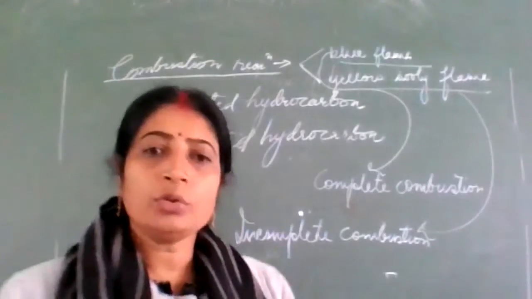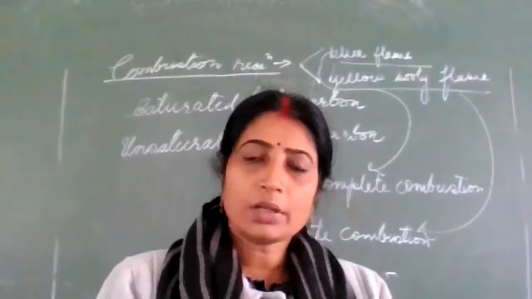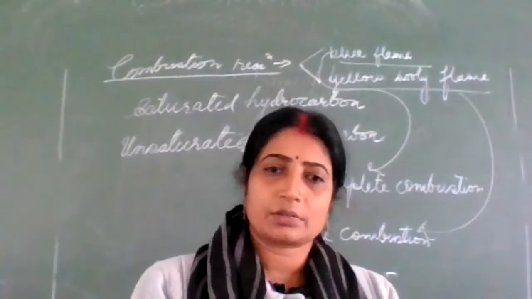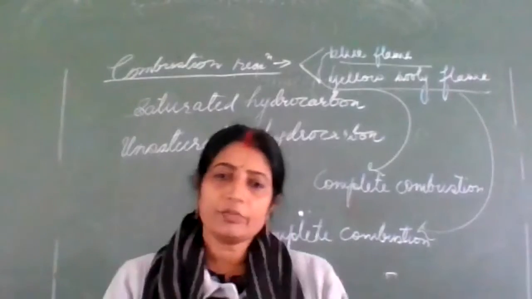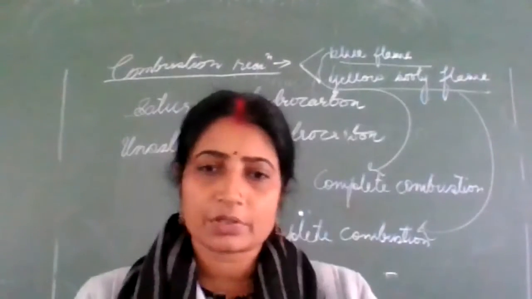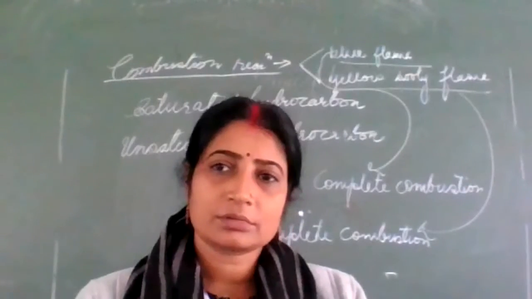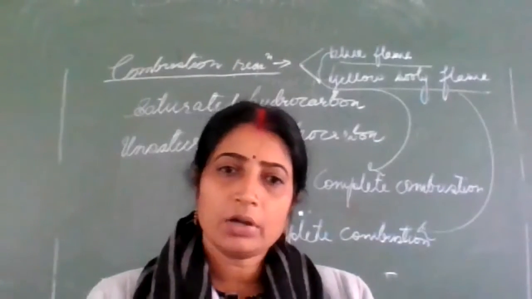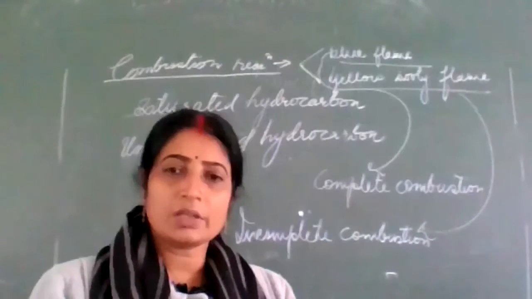Now tell me when you will get a complete combustion and when you will get incomplete combustion. What are the different conditions that is needed for a complete combustion? This is a topic from class 8. There should be presence of oxygen.